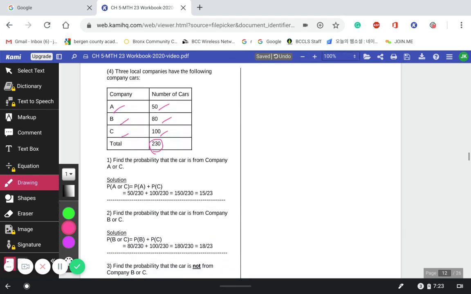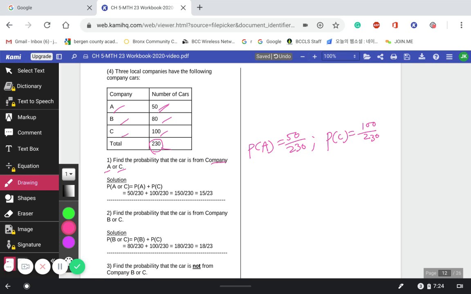Find the probability that a car is from company A or C. The total is 230. Company A has 50 cars, so the probability of company A is 50 out of 230. The probability of company C would be 100 out of 230.